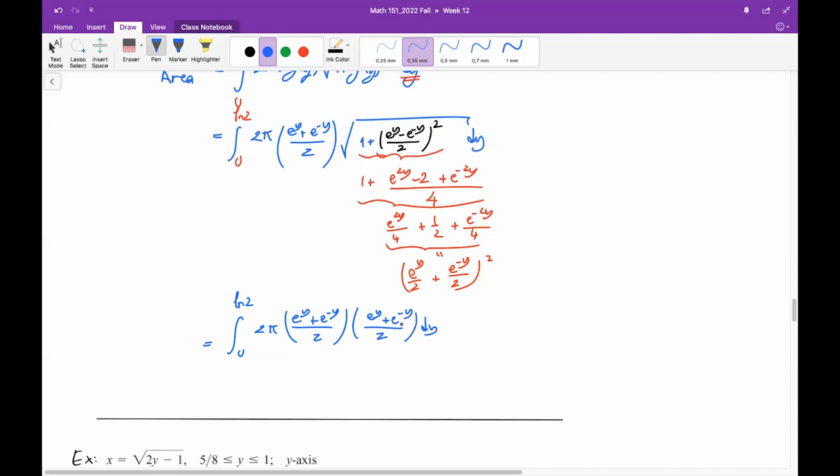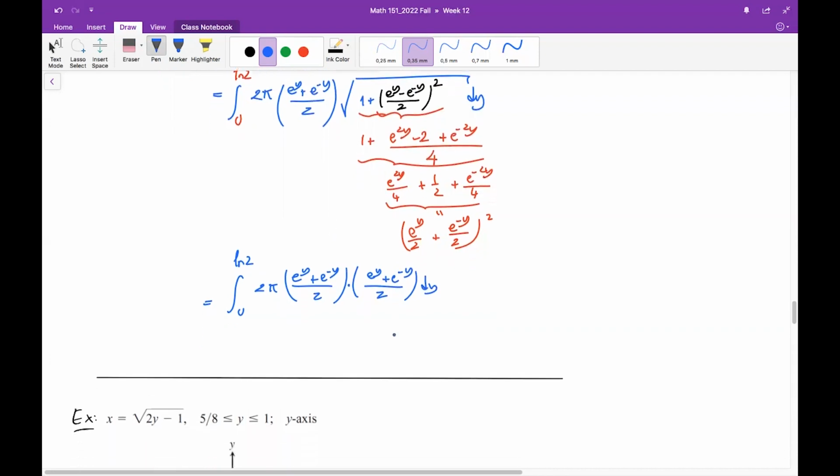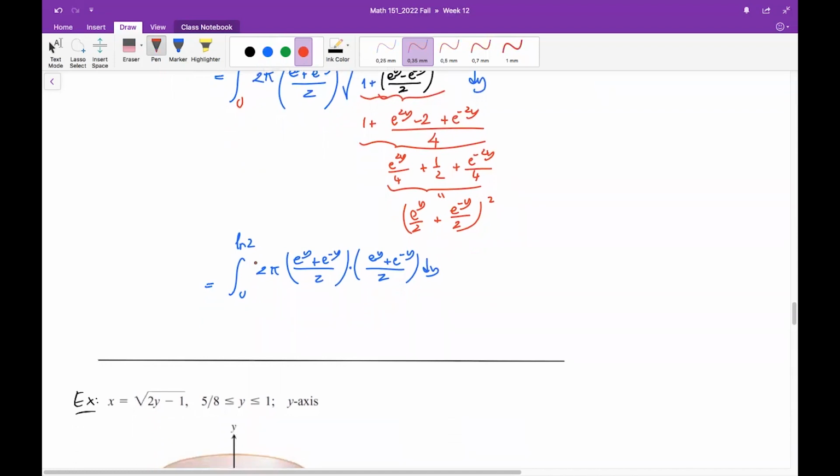So you are multiplying the same thing with itself, in fact. If you do this multiplication and simplification first, then you obtain the integral from 0 to ln2 of pi times, you will just multiply everything here, e to the power 2y plus 2 plus e to the power minus 2y, dy.